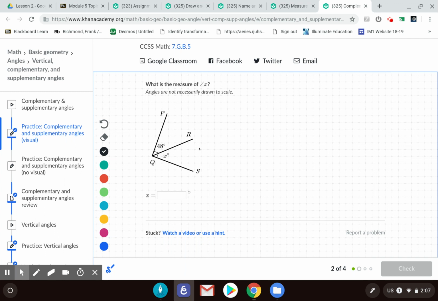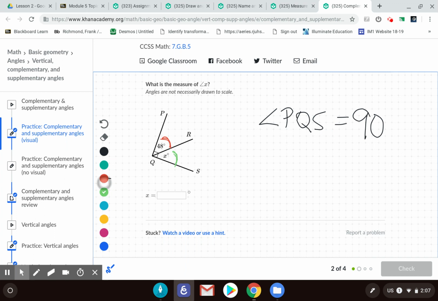And then in this example, I can see this little symbol that they gave me right here is telling me that angle PQS is 90 degrees. And I know that because that's what that little symbol means. So that means that this angle plus this angle is 90 degrees.